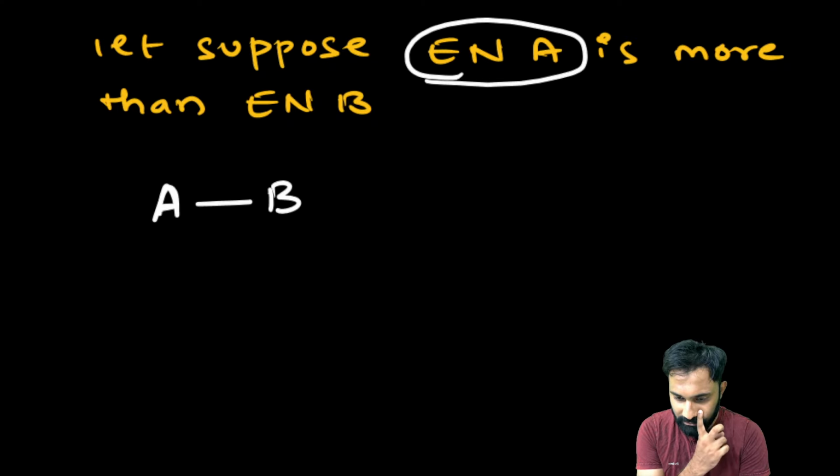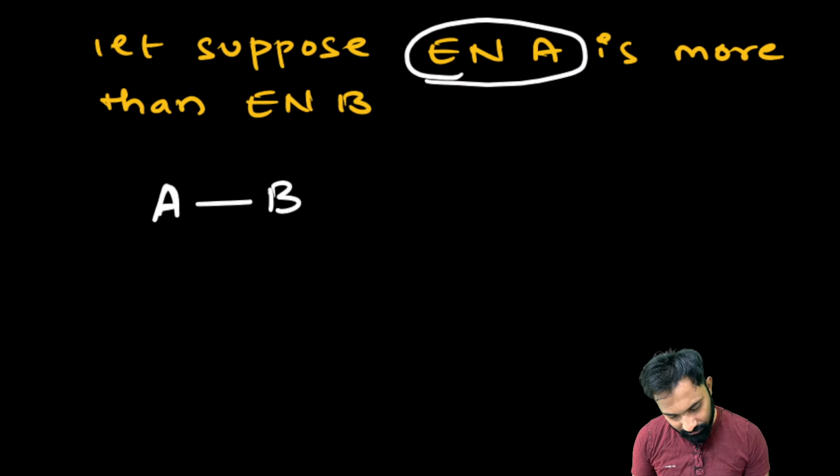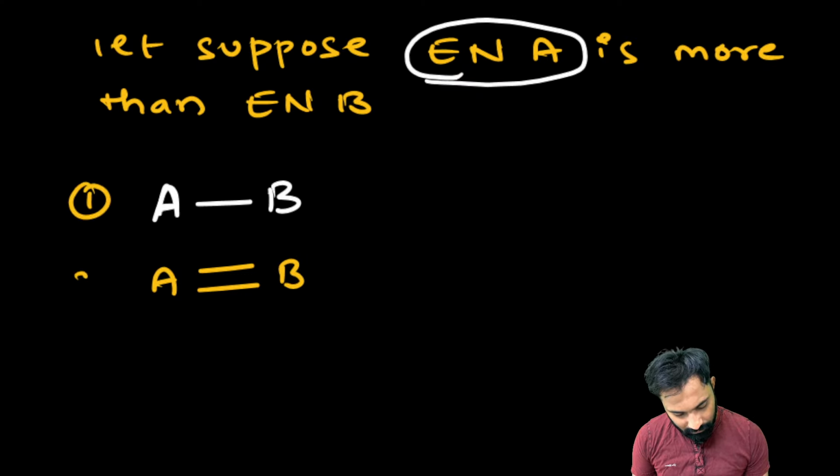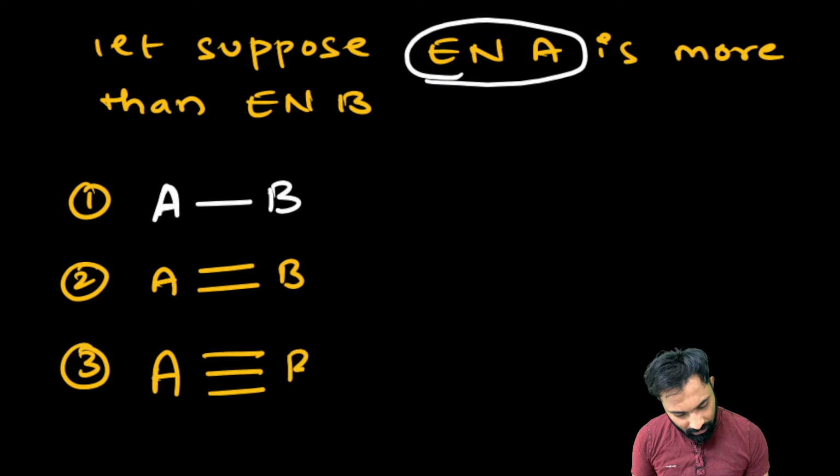Now what is the oxidation number of A here? What is the oxidation number of B here? Next, what is the oxidation number of A and B in the second one, right? And what is the oxidation number of A and B in the third?